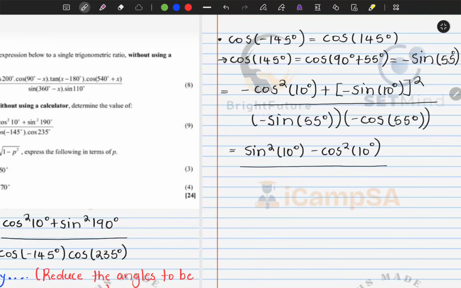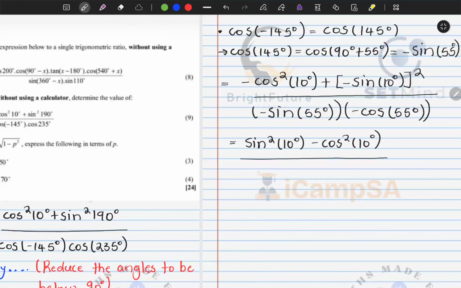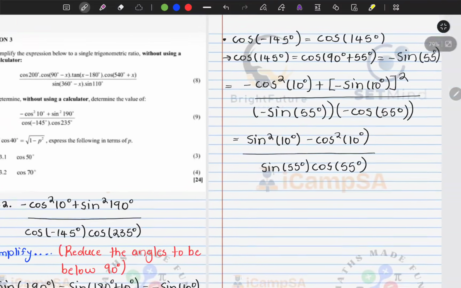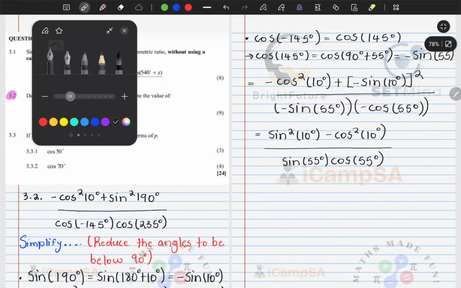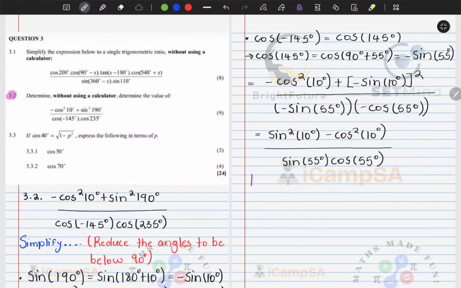Okay, and all of this is divided by, if you observe carefully, you will have your sine of 55 degrees times cos of 55 degrees. So when we are now at this point, we really need to remember two identities that will help us to simplify this even further.